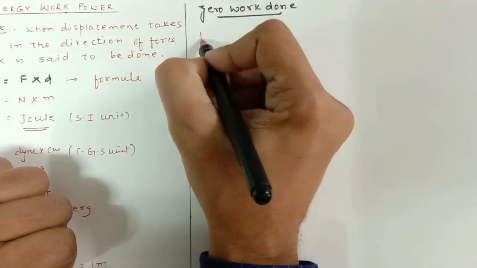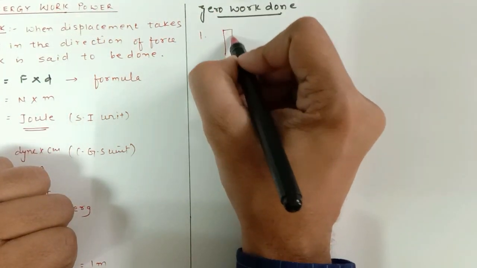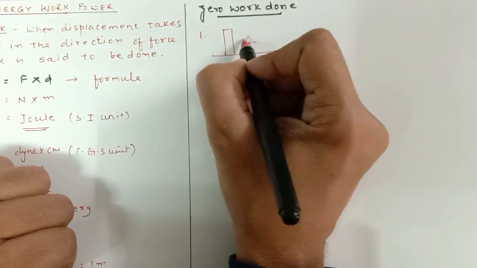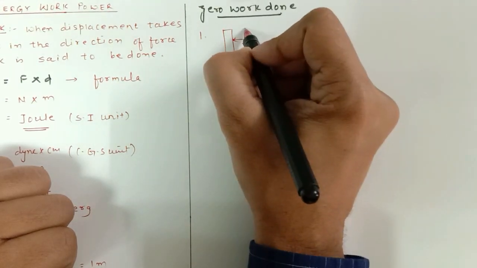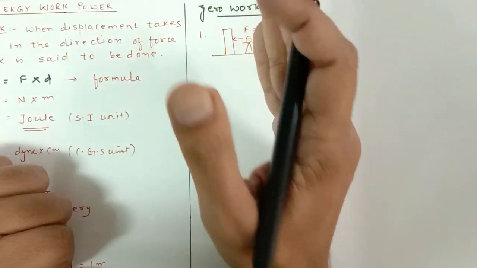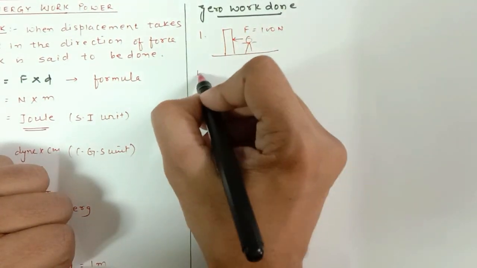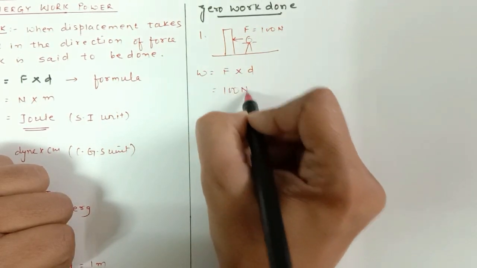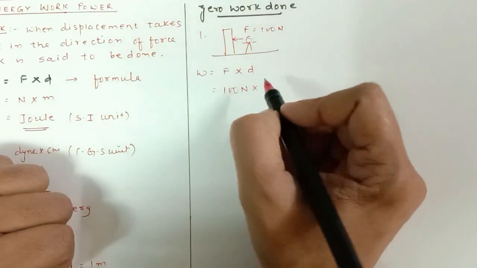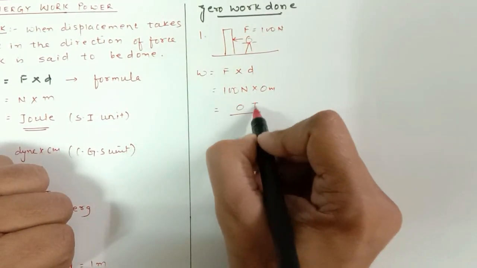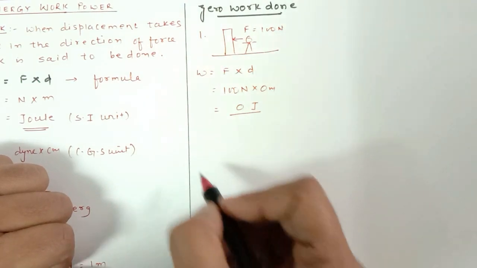Suppose in the first example there is a wall and a boy is pushing the wall with, say, force F equal to 100 Newton, and the wall does not move because the wall is very strong. So work is equal to F into D, F is 100 Newton, agreed, but there is no displacement as the wall is not moving. So this is 0 meter. Under that situation the work done is said to be 0 joules.